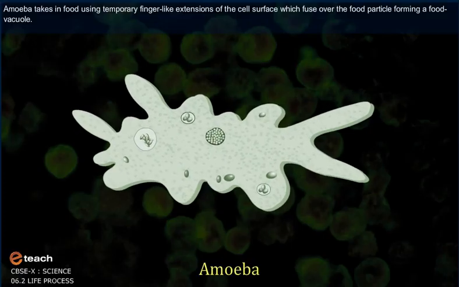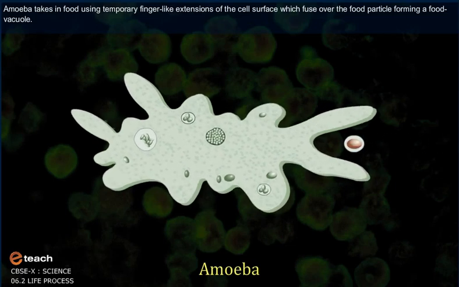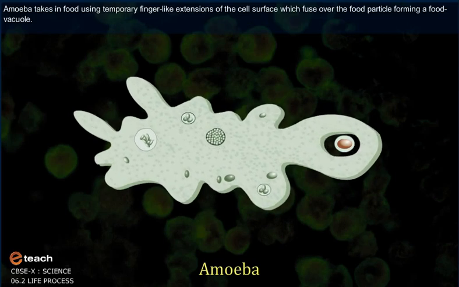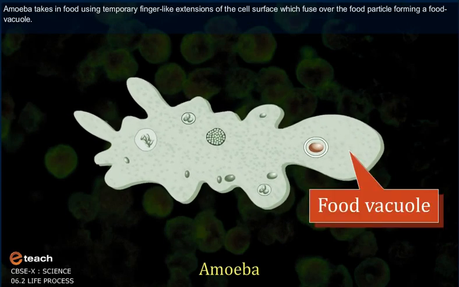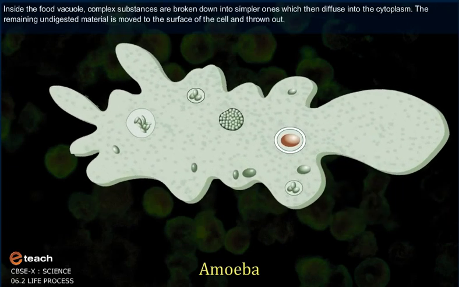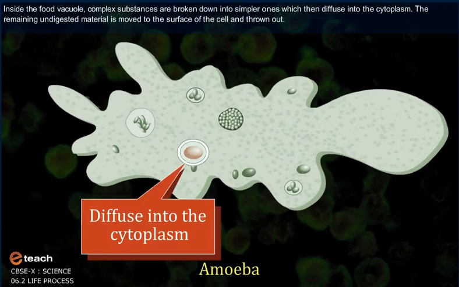Amoeba takes in food using temporary finger-like extensions of the cell surface which fuse over the food particle, forming a food vacuole. Inside the food vacuole, complex substances are broken down into simpler ones which then diffuse into the cytoplasm.